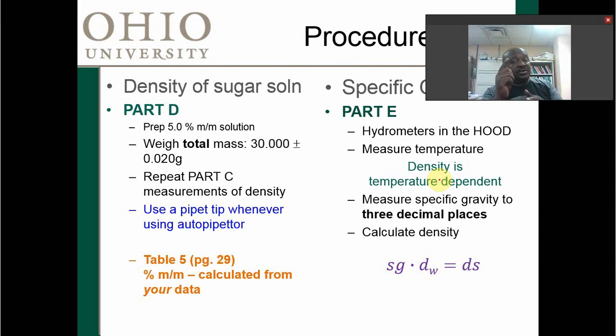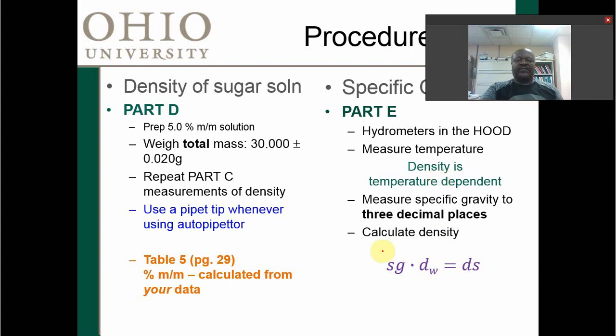Put the stir-bar in a beaker with the sugar and the water, and stir. Don't use a teaspoon or whatever it is. Use the stir-bar on the magnetic stirrer. And then you will determine the density of the water and this solution, and figure out whether the density of the water is actually equal to the density of the solution.